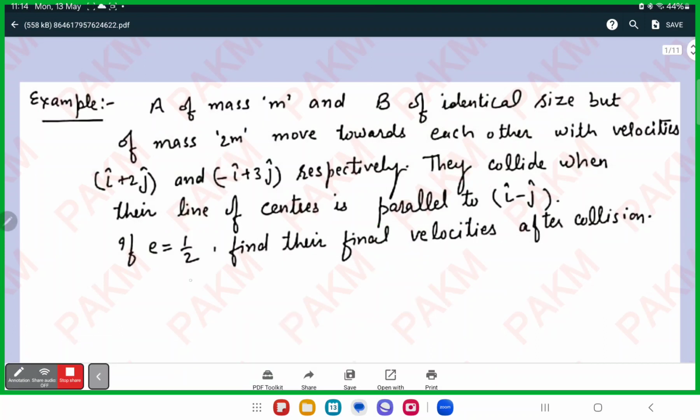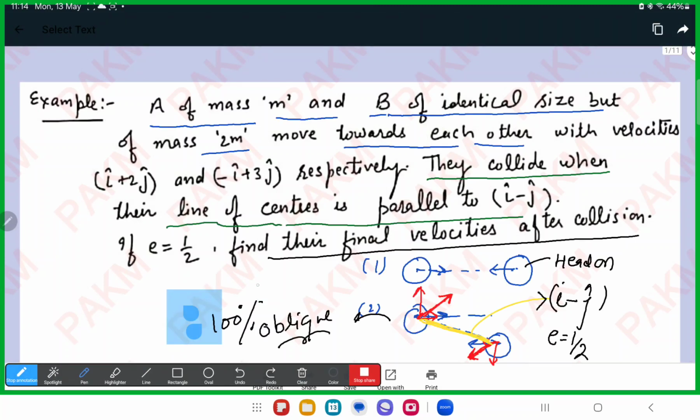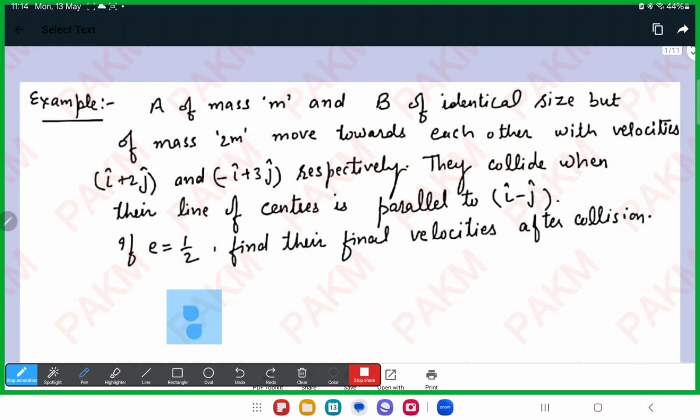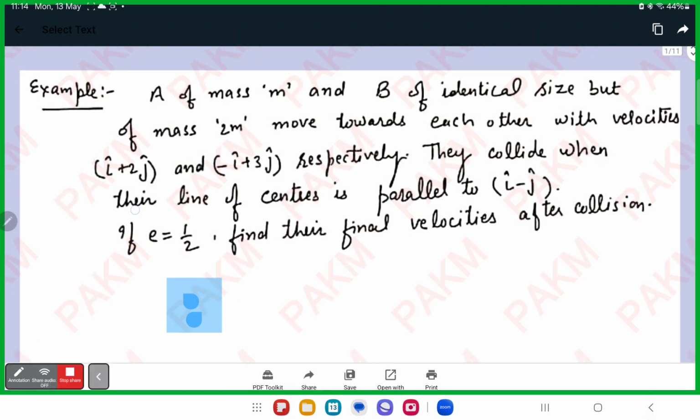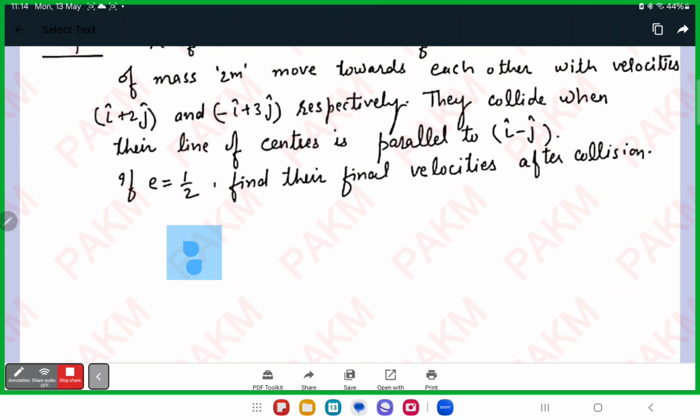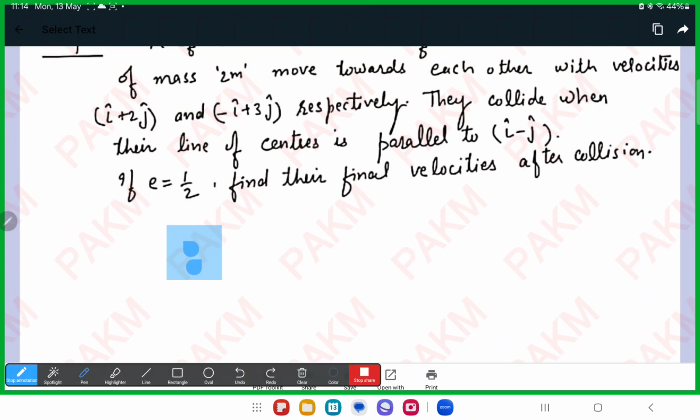Now the second important point is, once you are talking about collision, once it will occur, the center to center velocity, let's say it will have u1 and u2.